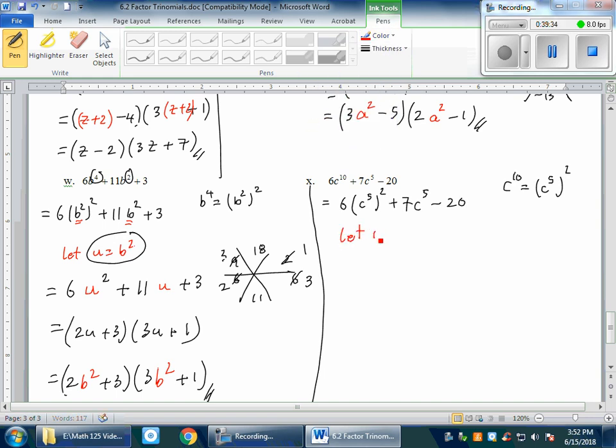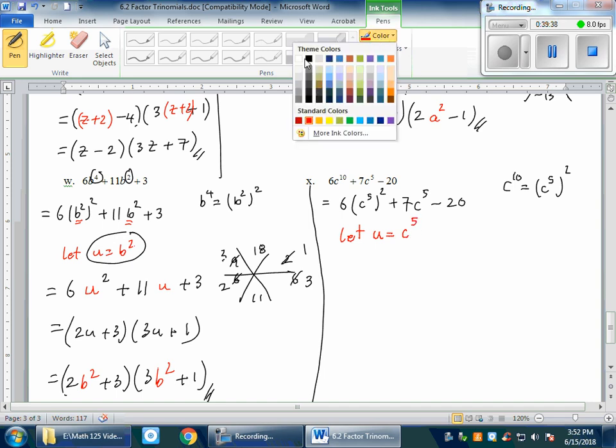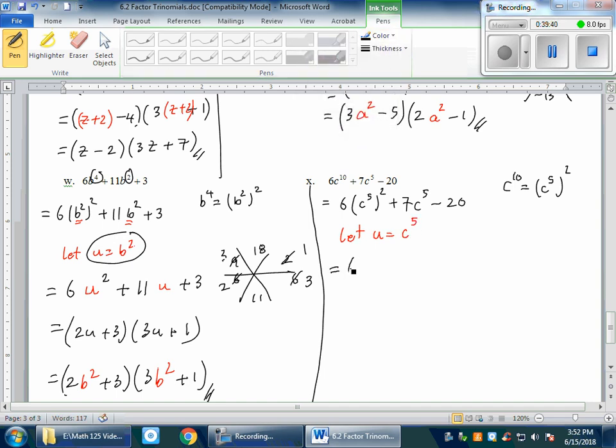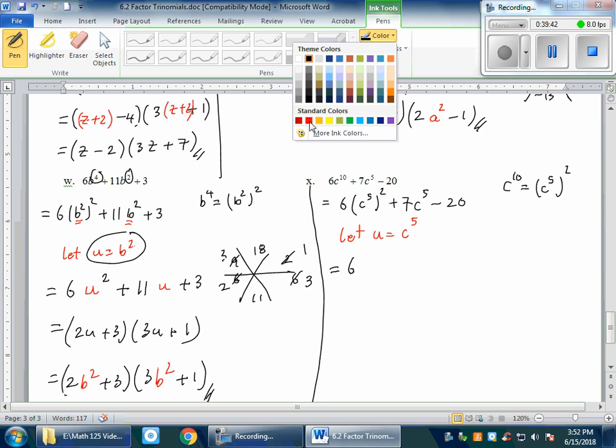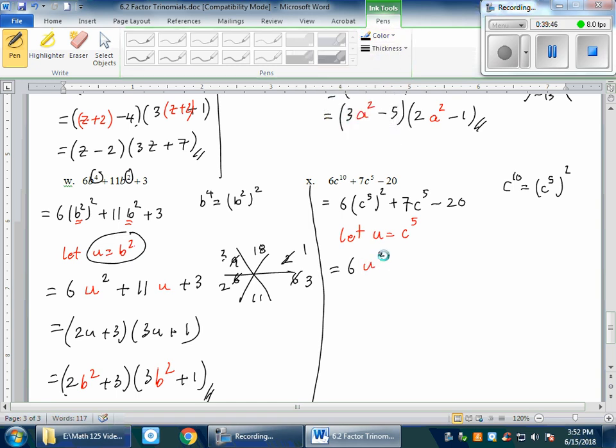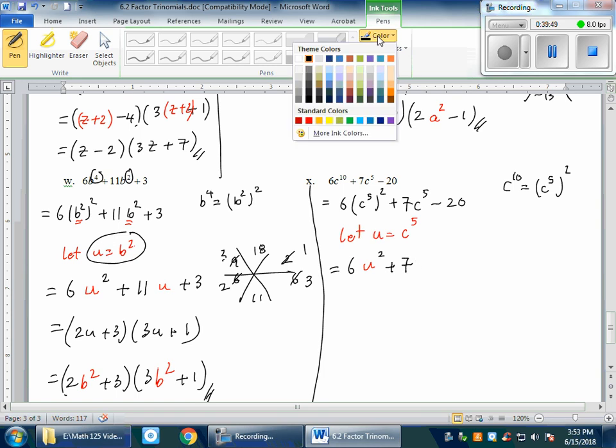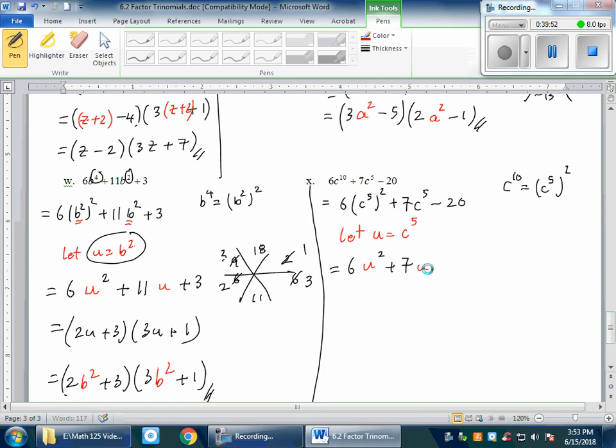Let u be equal to c to the 5th power, which gives us 6 times u to the second power plus 7 times u minus 20.